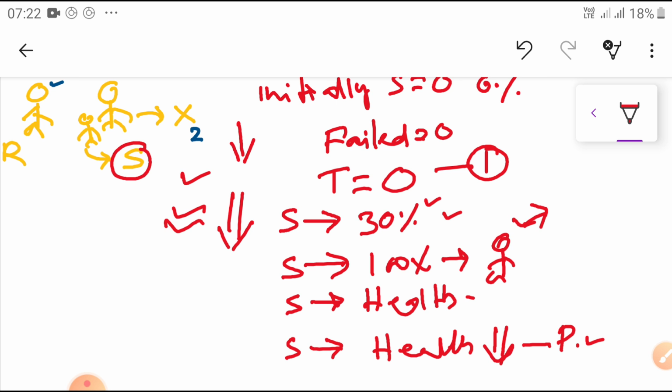That means here, what has happened? Initially, if your interest is equal to 0, everyone points at you as a useless fellow. After your interest increases, they are attracted towards you and they praise you.